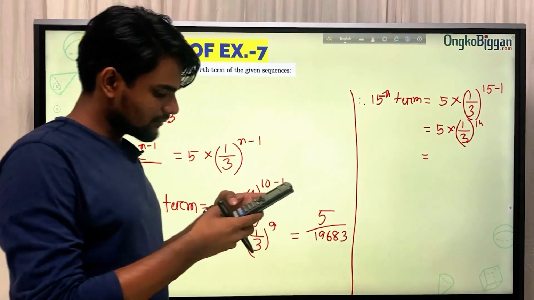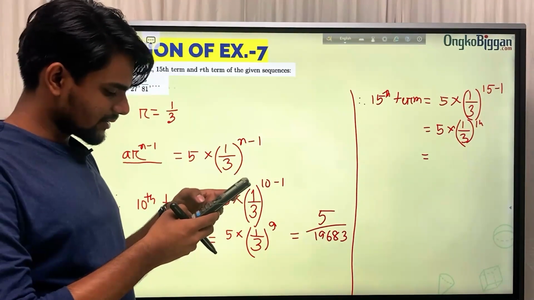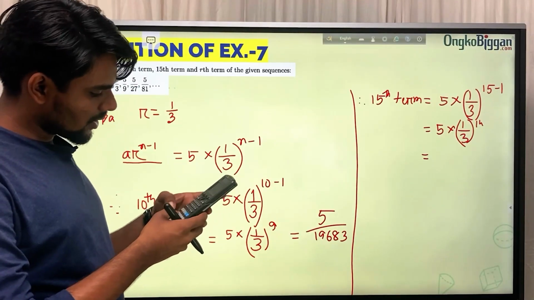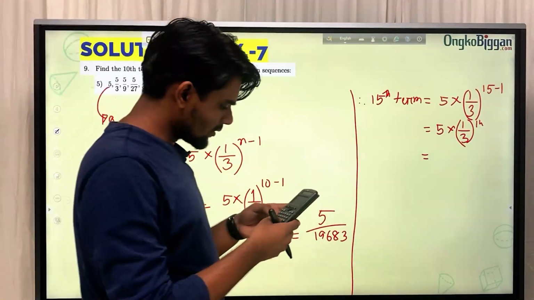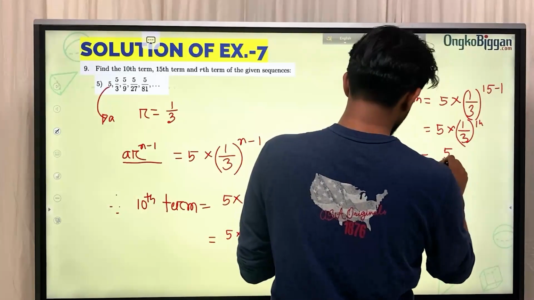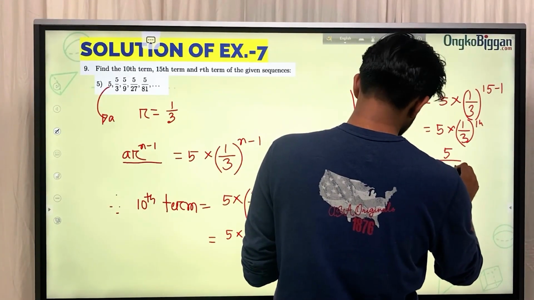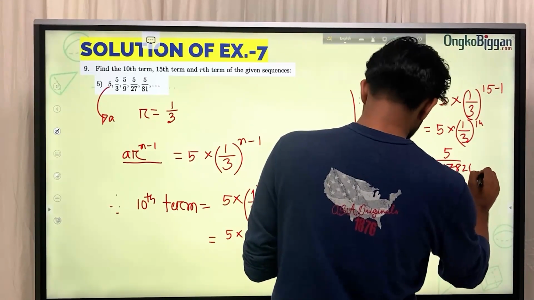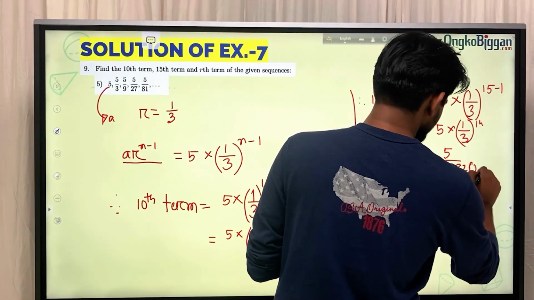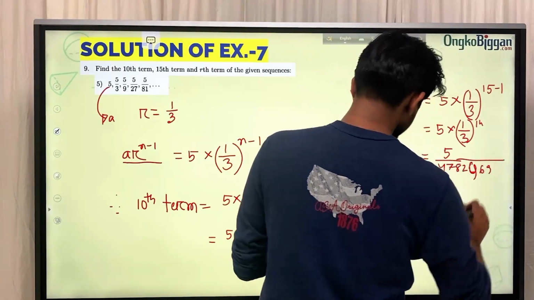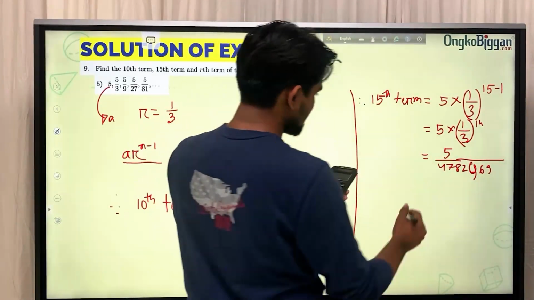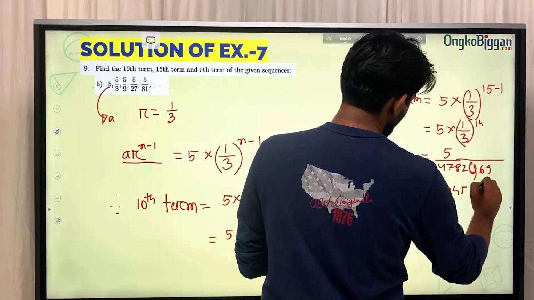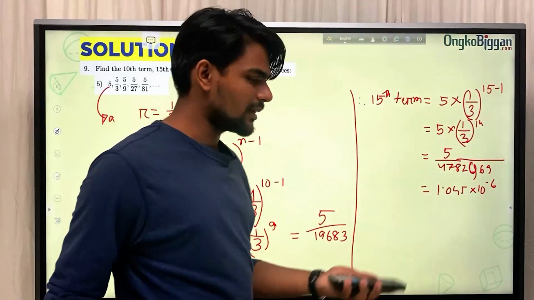And we got 5 by 4782969. So it's a very, very small number, 1.045 into 10 to the power minus 6. So it's a very small number.